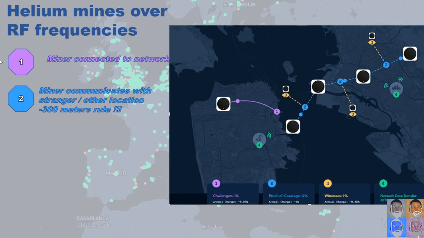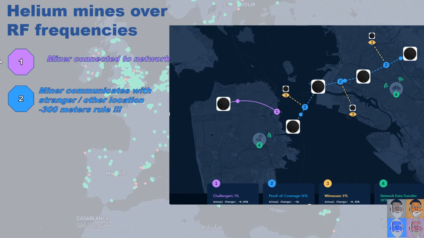You can ask some neighbor, you can ask some friend, and this is the way to earn around 20% more Helium than the 1% challenge. So I think there are like 18, 19 multipliers like that on Helium.